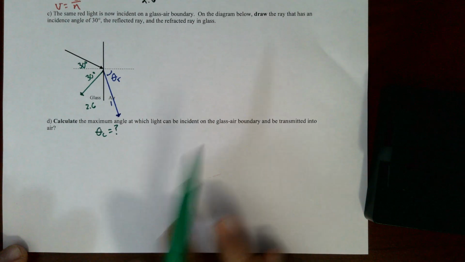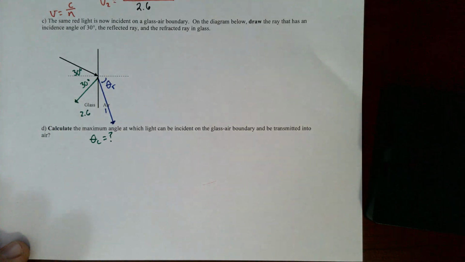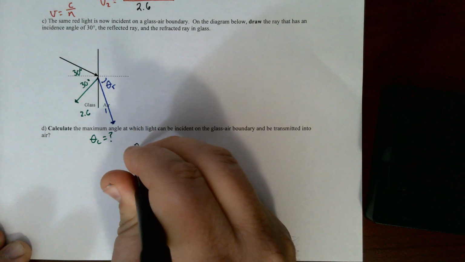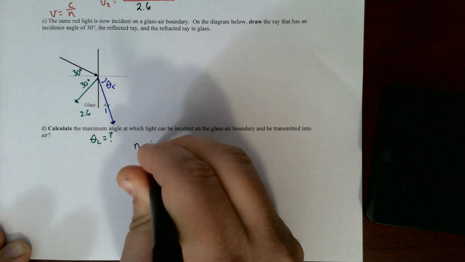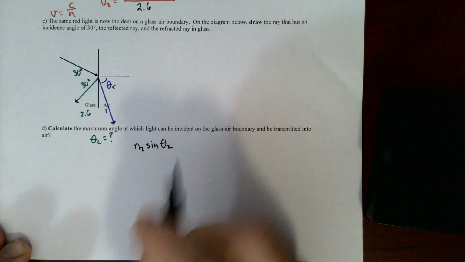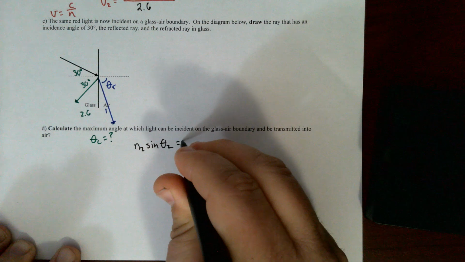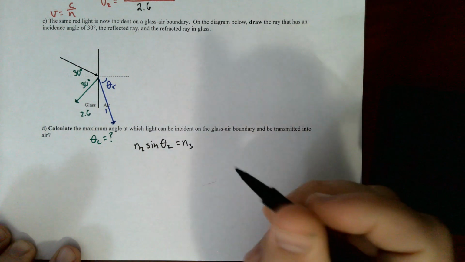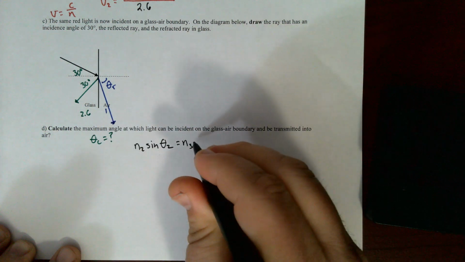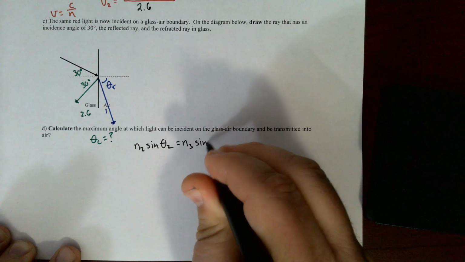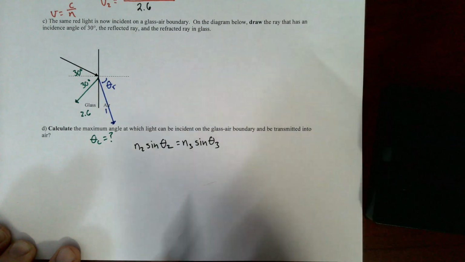And so we can again use Snell's law for this. So I'm going to say N2 sine theta 2, so 2 being the glass, equals N, we'll just call it N3. I think we're talking about a new situation here. Sine theta 3.